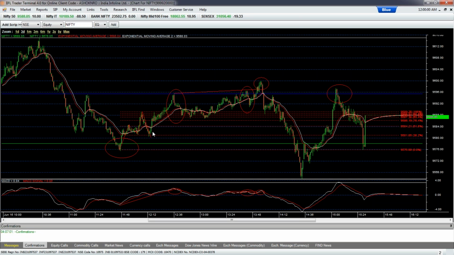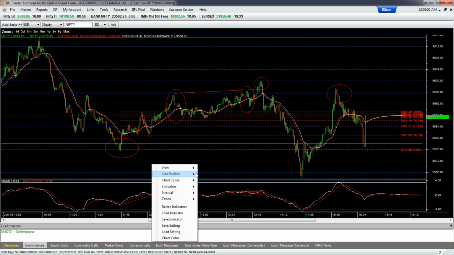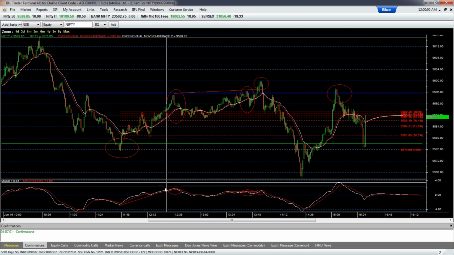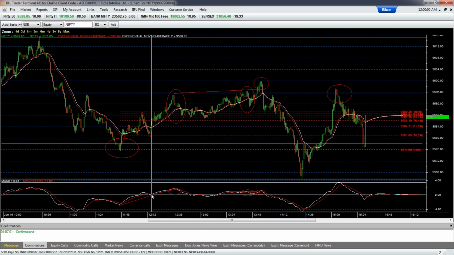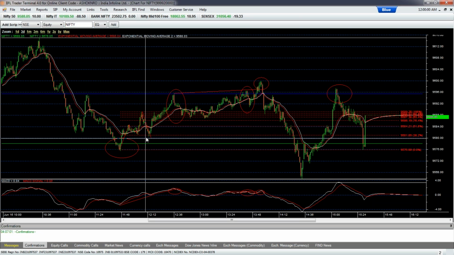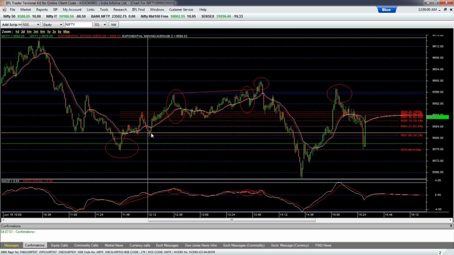This MACD also gives a crossover here and shows that there is some momentum gained in the market and it may cross the lows which it has made, and afterwards it may go higher and higher. This is a signal that it will go high from this level. So this is a trend buy point.